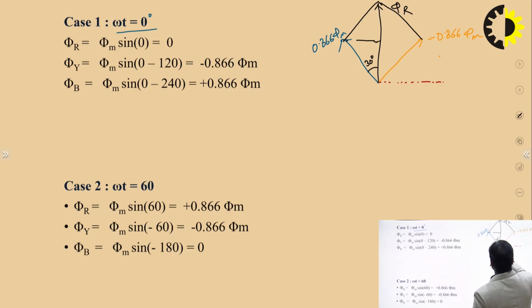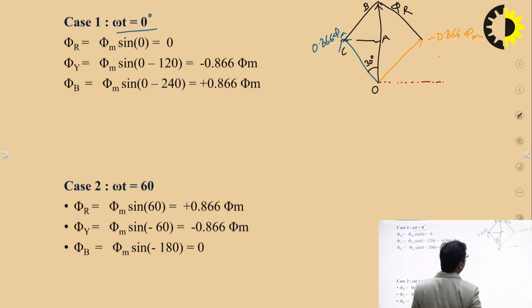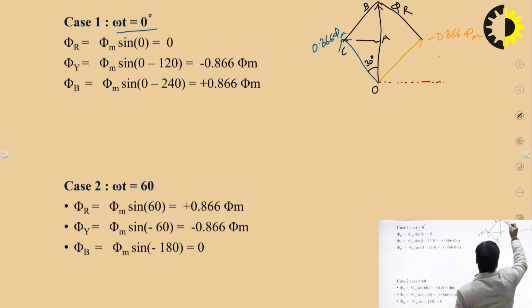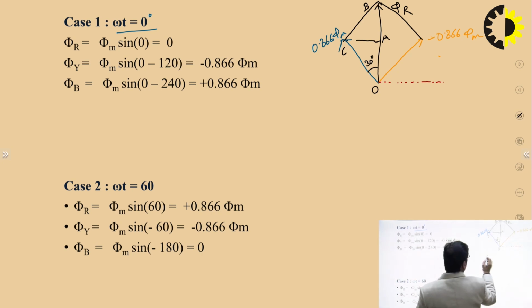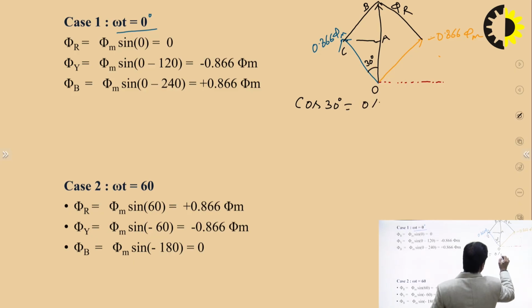From this figure, with points O, A, B and C, if you have to calculate the resultant value phi r, you can take cos 30 degrees, which equals OA upon OC, where OA is equal to half of OB.